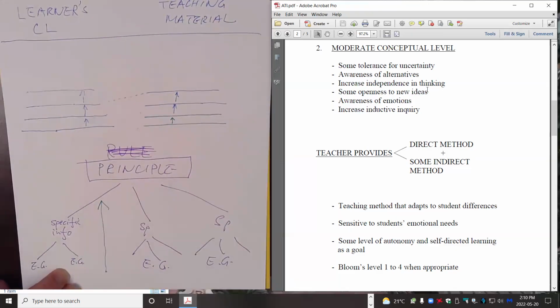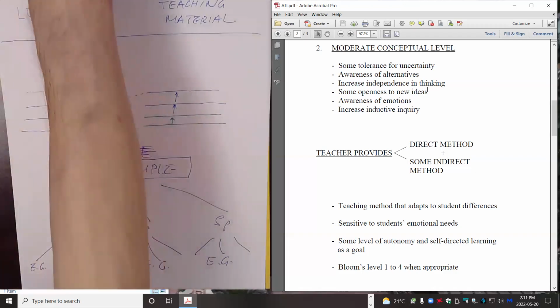This is inductive, okay? Inductive inquiry, that type of thing, right?